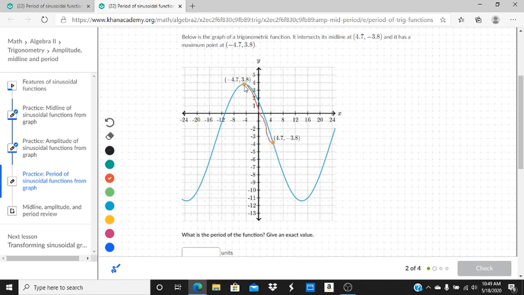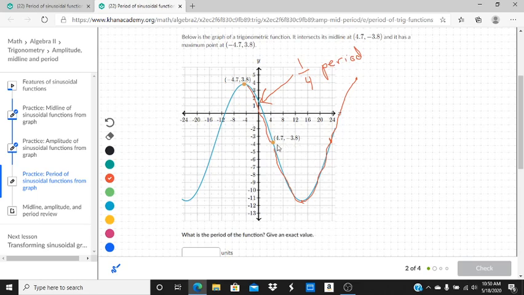So we have to go from the maximum to the midline, and then from the midline down to the minimum, and back from the minimum up to the midline, then back to the maximum for the whole distance. So the difference between the x values here is going to be 1/4 of the period. So we'll find what that distance is, and we'll multiply by 4 to get the period.